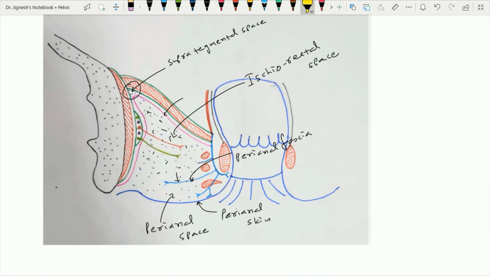So there are three subdivisions of the ischiorectal fossa. The first one is the suprategmental space, which is above the lunate fascia. The second subdivision is the ischiorectal space, which lies between the lunate fascia and the perianal fascia. And the area below the perianal fascia is called the perianal space.